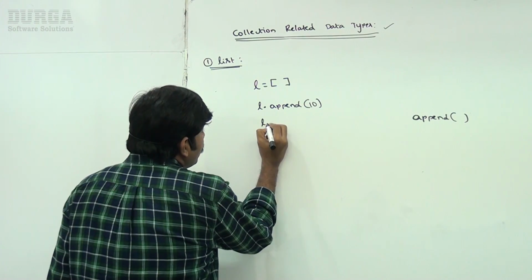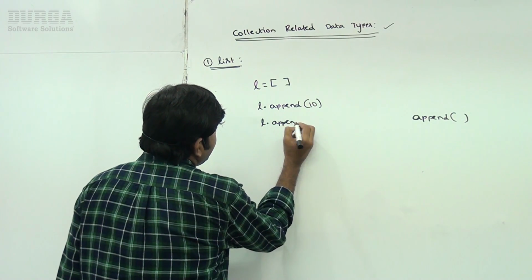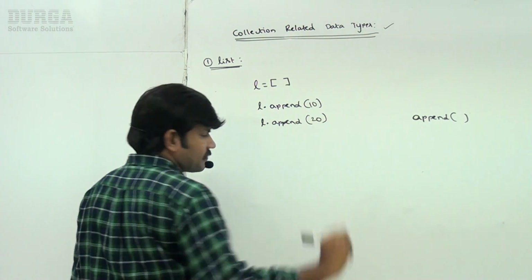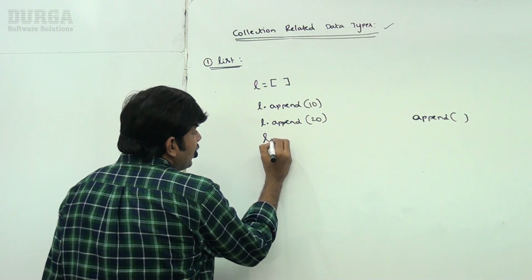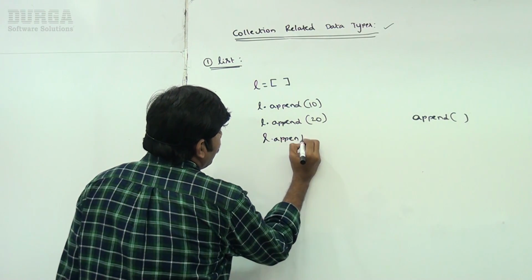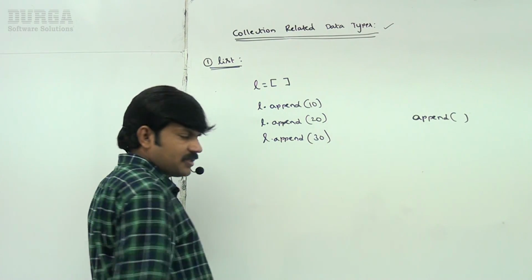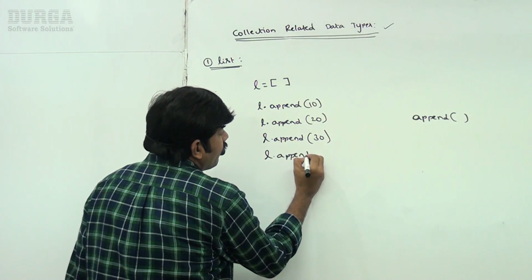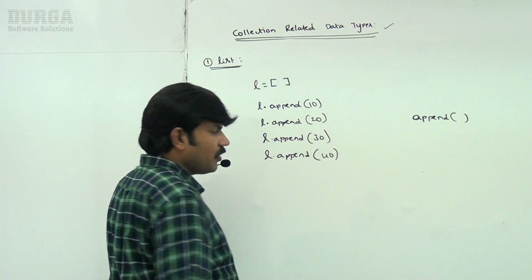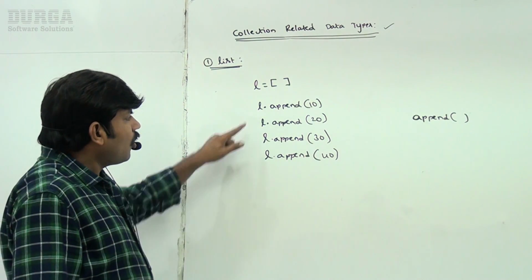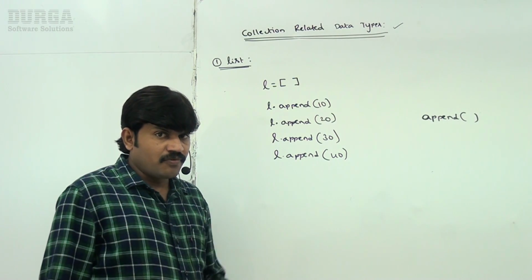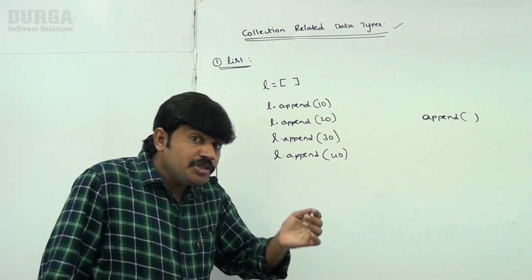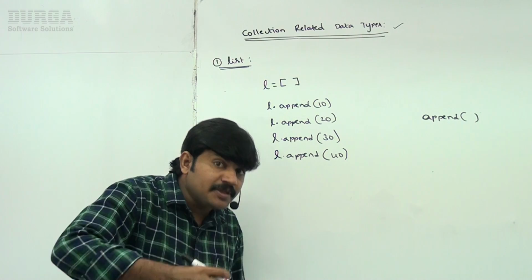Now L dot append of 20, L dot append of 30, L dot append of 40. How many elements did I add to this list? 4 elements.